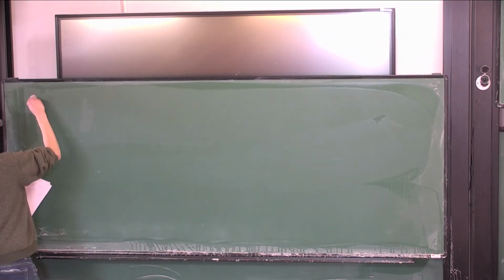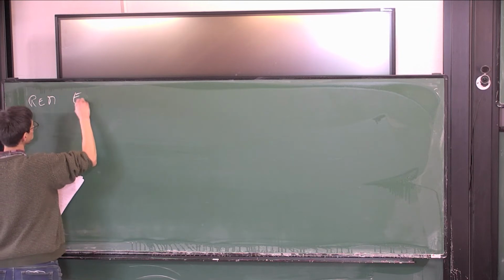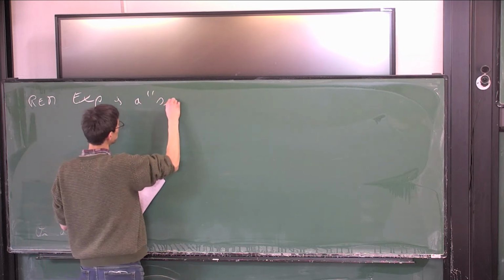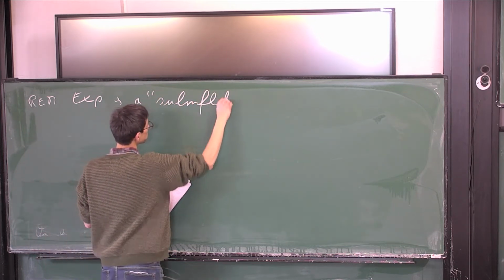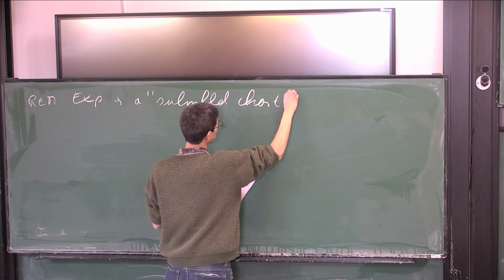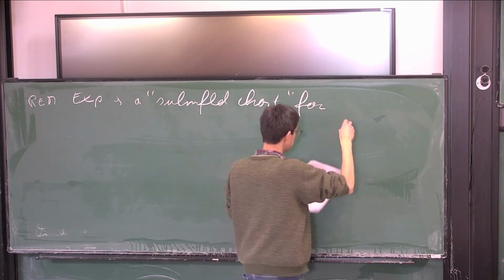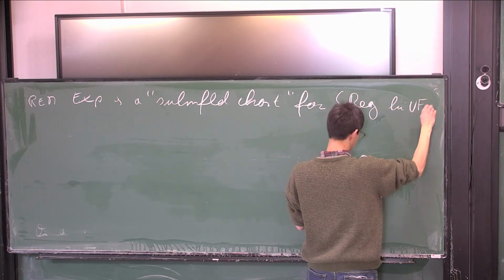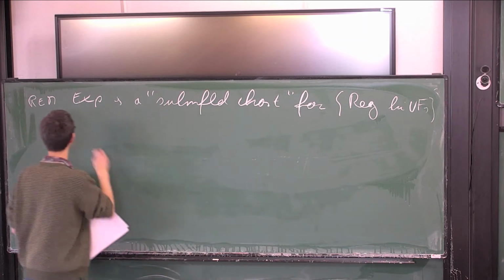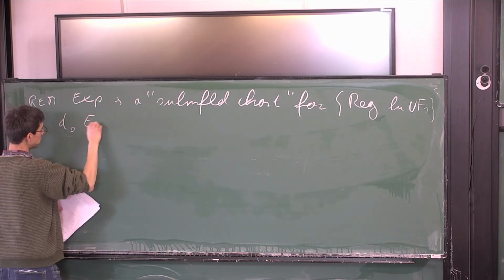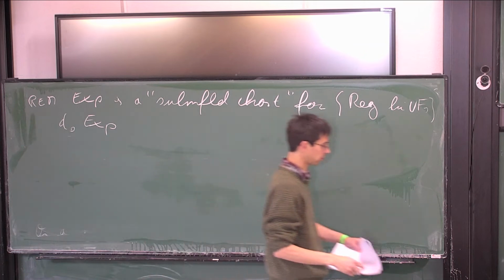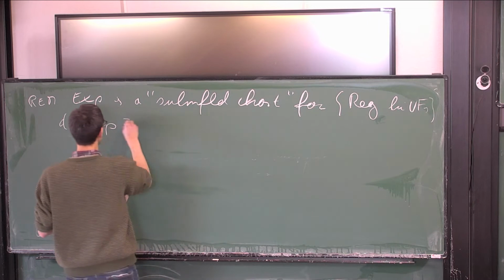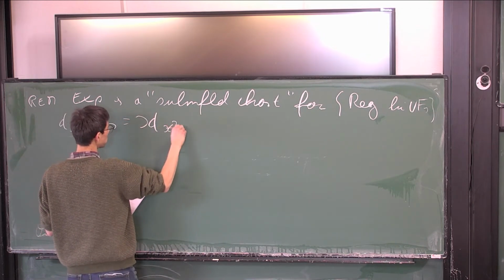Remark: this map X is a submanifold chart for the space of regular bivector fields, and its derivative at 0, if I take the derivative of this map at the origin in this vector space, is just the identity of the space of good bivector fields.